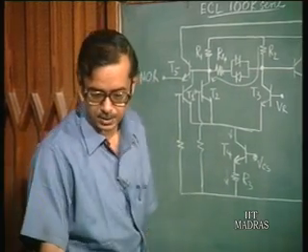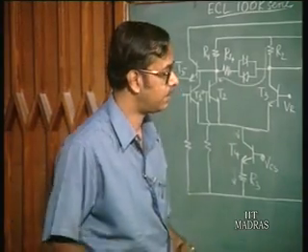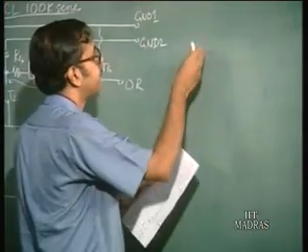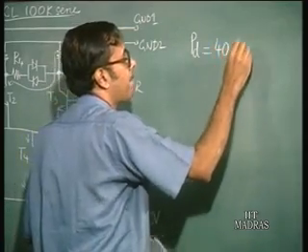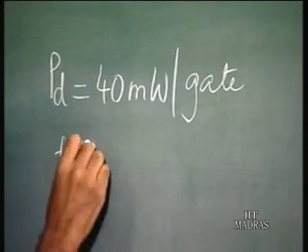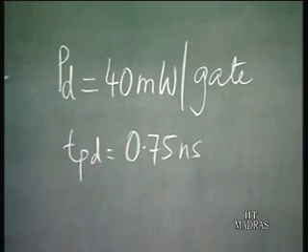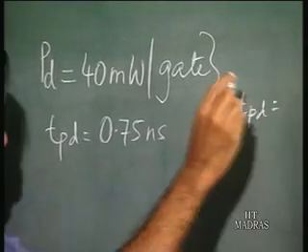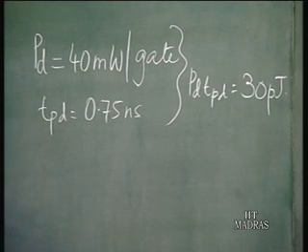So, this is the ECL 100K series, which has got superior performance compared to the ECL 10K series, and the data is: power dissipation of this gate is 40 milliwatt per gate, and the propagation delay is 0.75 nanoseconds, which corresponds to a power delay product of 30 picojoule, which is less than the 10K series.